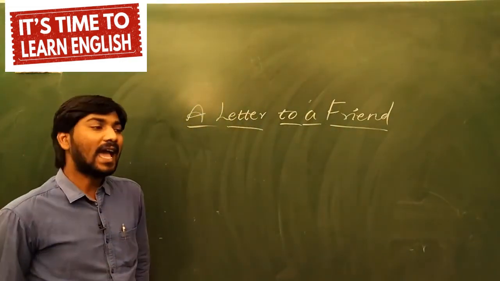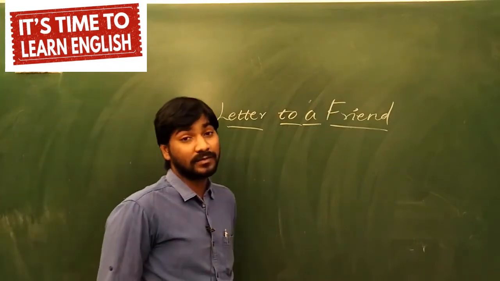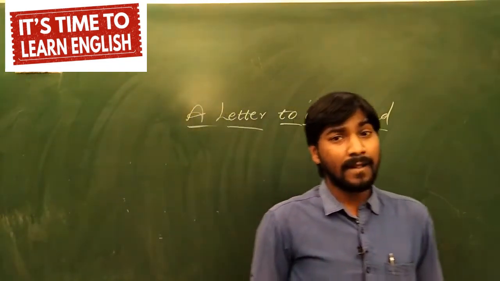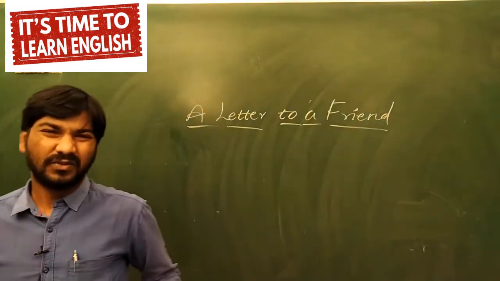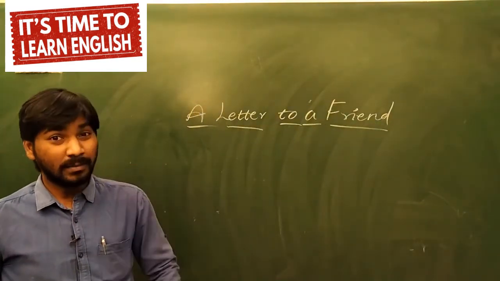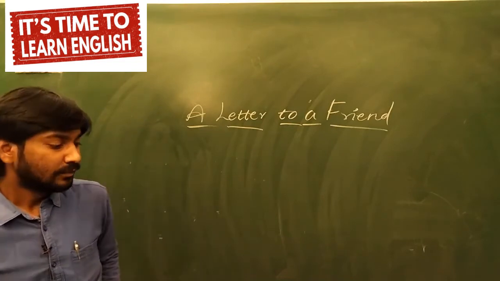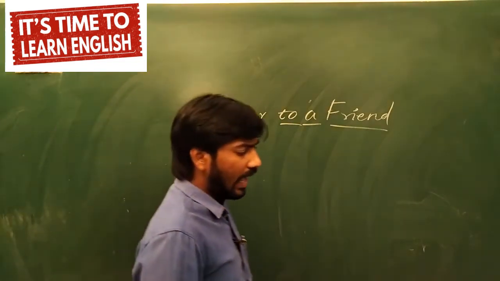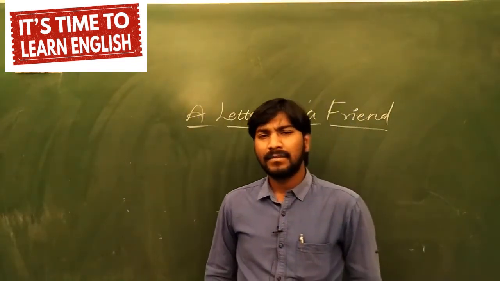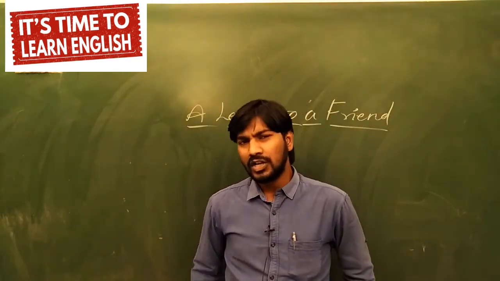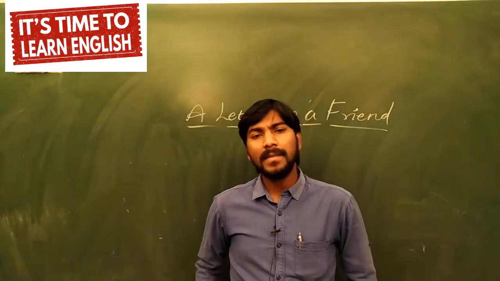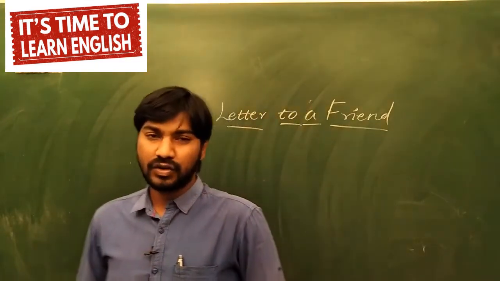He told Ramesh, "Arey Ramesh, I'm coming to Hyderabad, so I want to meet you when I come." Because they are friends, they write casually. Ramesh was very busy in his work, so he was unable to meet his friend Suresh.